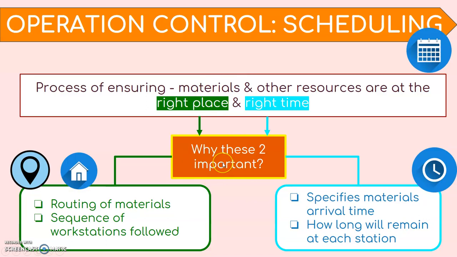Why is it very important? The right place: when the facilities or workstation need the materials, they are available. And the second one is that the materials arrive on time. So it is about place and time.